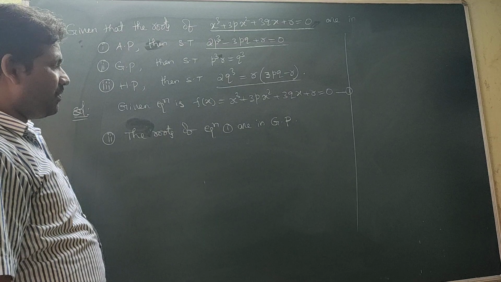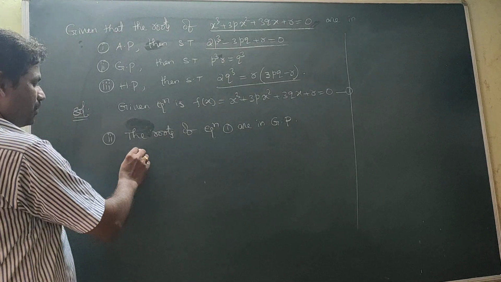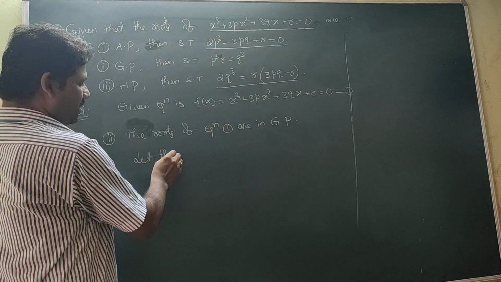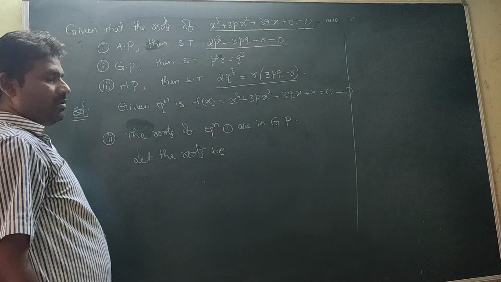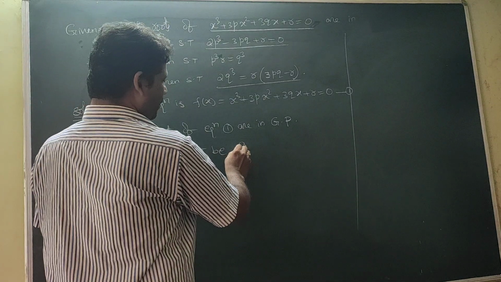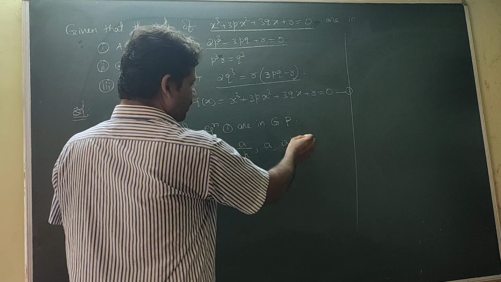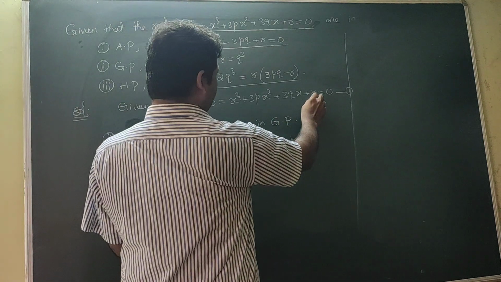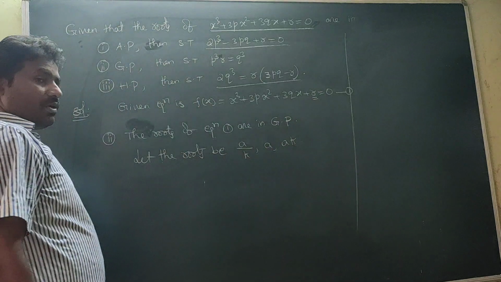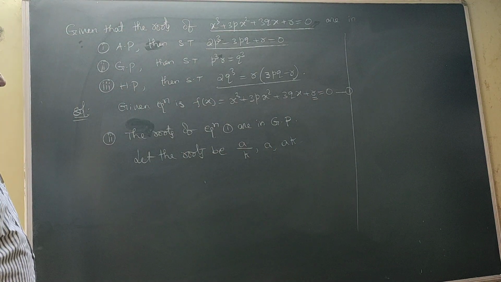The roots of the equation 1 are in GP. So how do you take the 3 roots in GP? Let the roots be a by k, a, a k. Actually we are using r, but r is already in the equation, so we are using some other variable: a by k, a, a k.